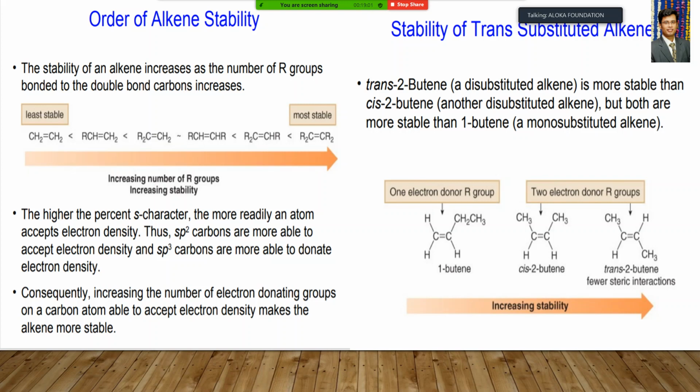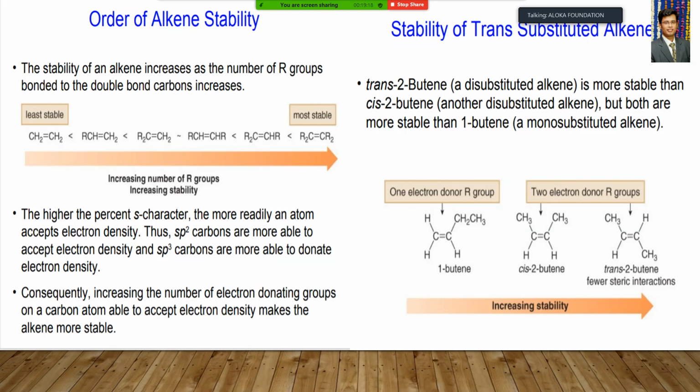The higher the percentage of s character, the more readily an atom accepts electrons. So as s character increases, electronegativity increases, and it has the ability to attract electrons towards it.